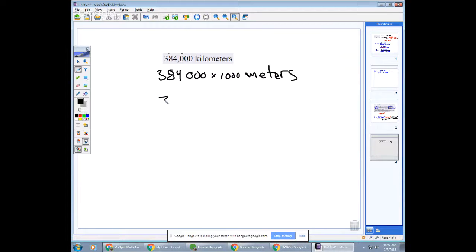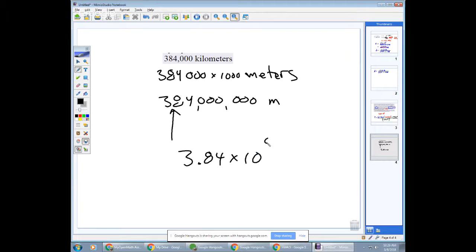So altogether that would be 384, and then I have another 3 zeros there in meters. I want the decimal point to be there. What power of 10 should that be for meters? 2, 3, 4, 5, 6, 7, 8, yep. The 8th power. That fine print gets me every time.